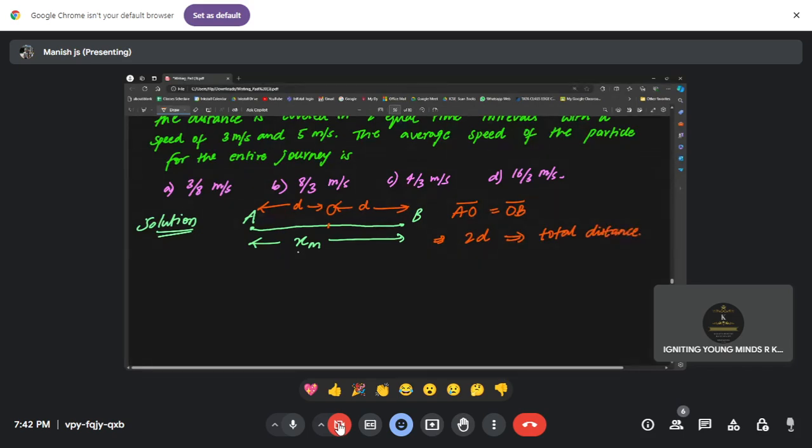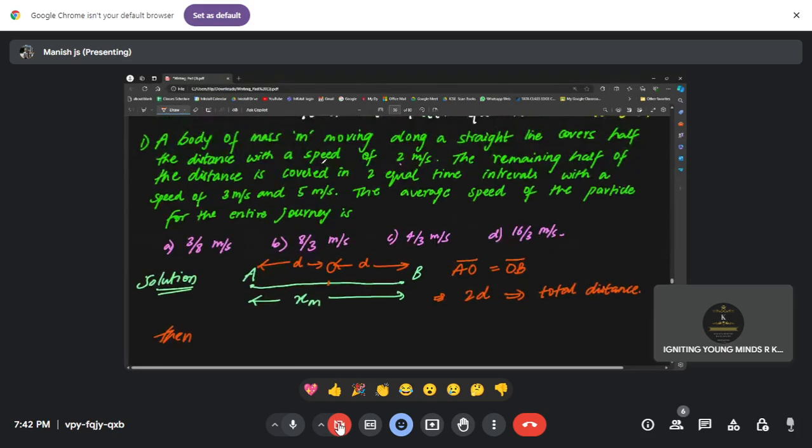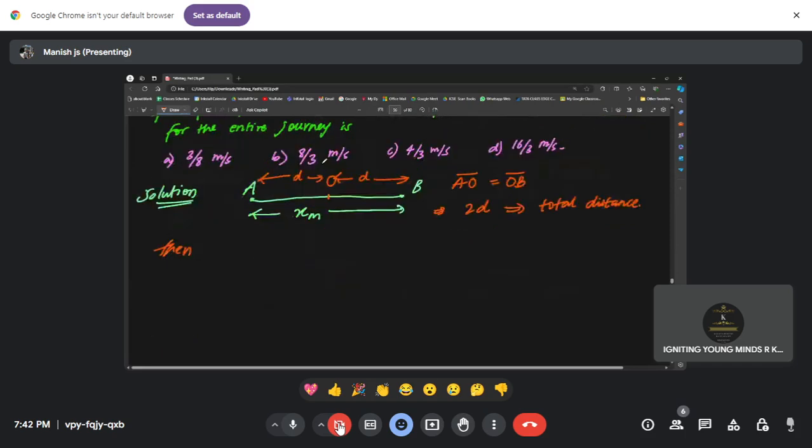So if we take 2D as the total distance, then what is the time taken by the object to cover the first half of the journey? We can write the time T1 for the distance traveled in the first half. You can take it as D upon 2, because it is covering the first half of the journey.